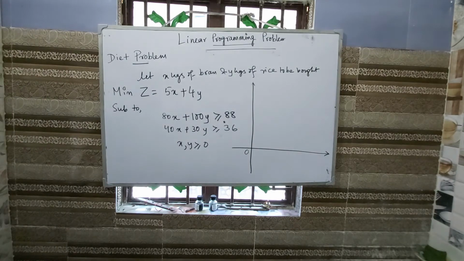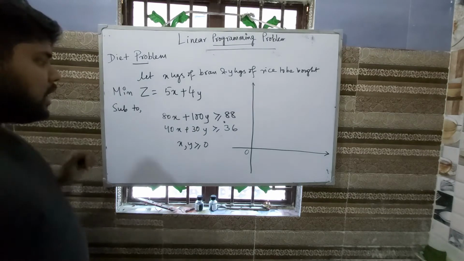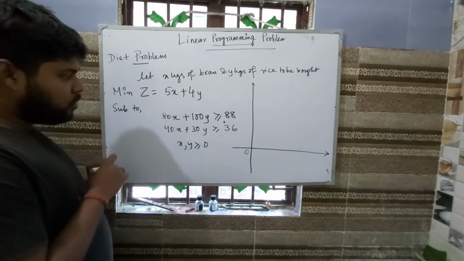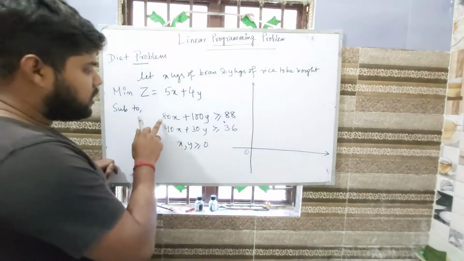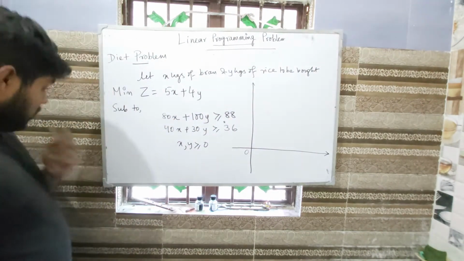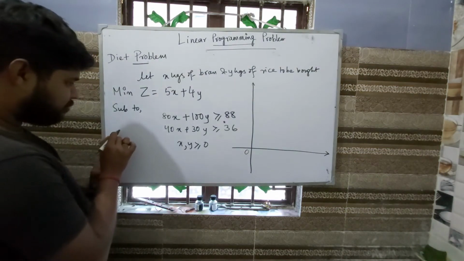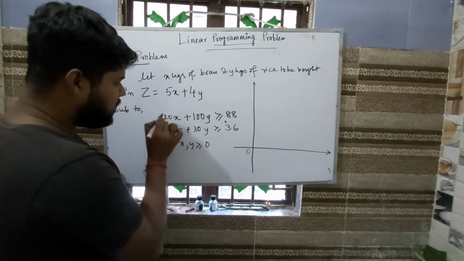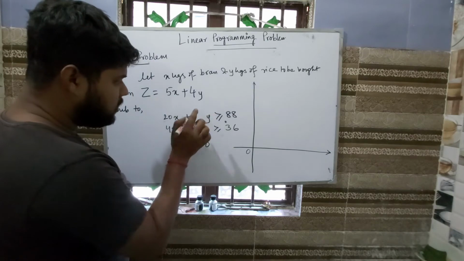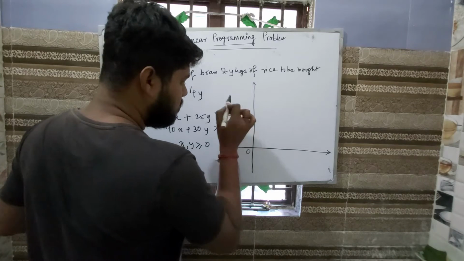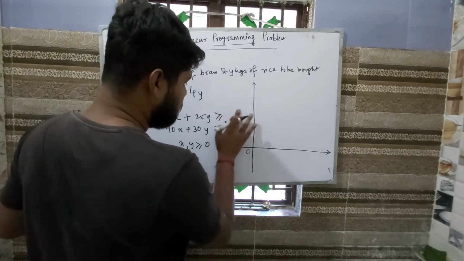Now in this case, as you can see, 80x plus 100y, this is the question given. So I can just reduce it down a little bit by dividing it by 4. If I divide it by 4, this becomes 20x plus 25y greater than or equal to 22.